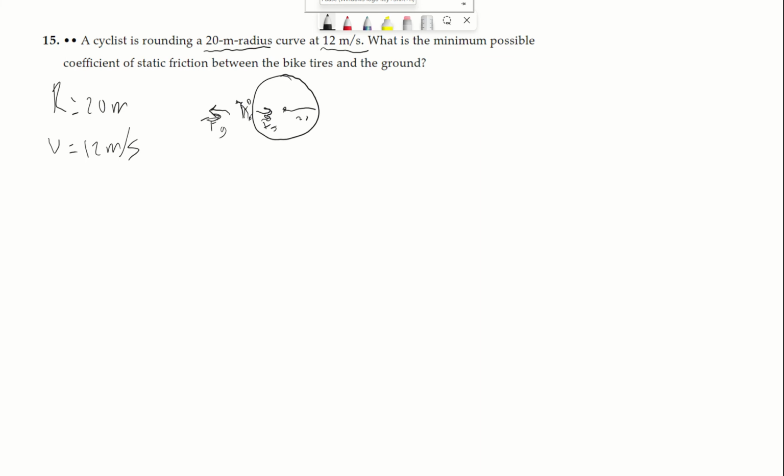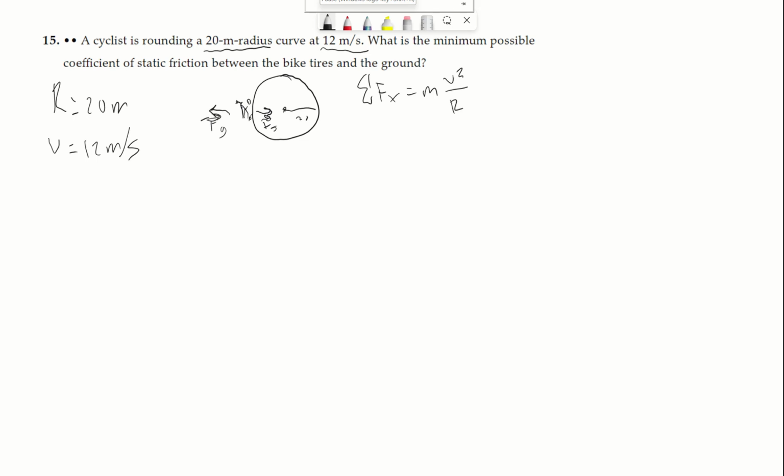So we need to find the sum of all the forces in the x direction. The equation we will be using is the sum of forces in the x direction is equal to mv squared over r.